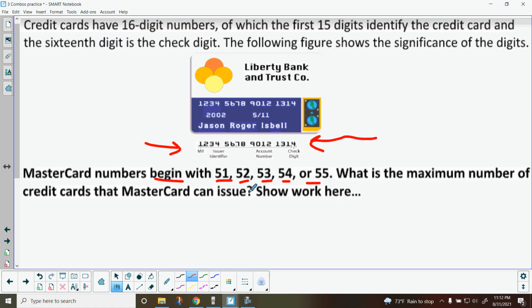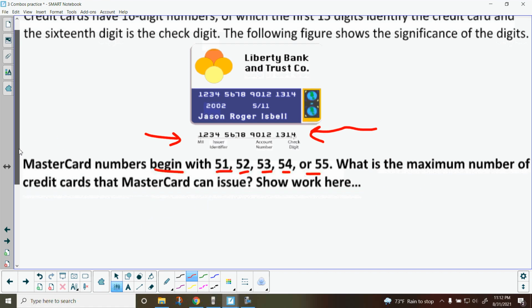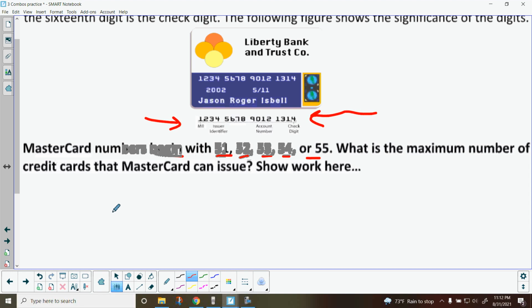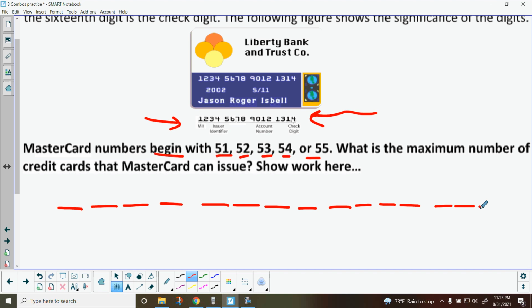So, 16 digits. 1, 2, 3, 4, 5, 6, 7, 8, 9, 10, 11, 12, 13, 14, 15, 16. They're telling you the first number has to be 5.